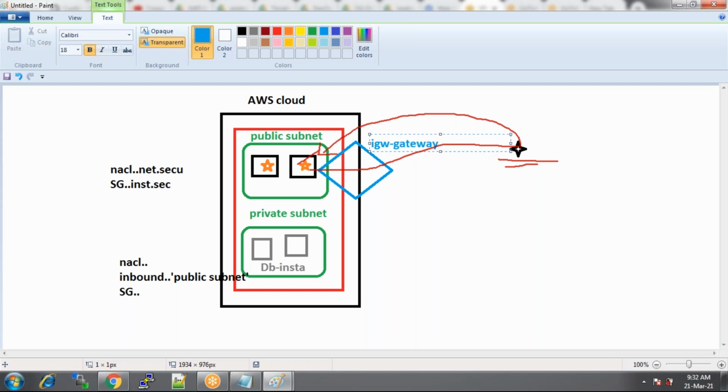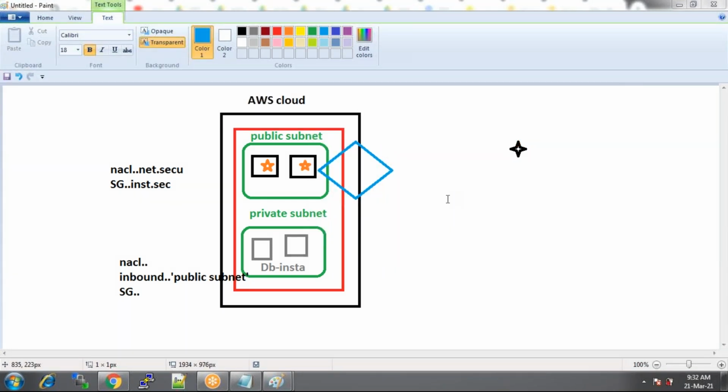Usually when you create a subnet, there is no difference between public and private subnet. But how do you differentiate the public and private subnets? If a subnet has an internet gateway, it can be accessed globally across the internet. Internet gateways provide internet access to the subnets.